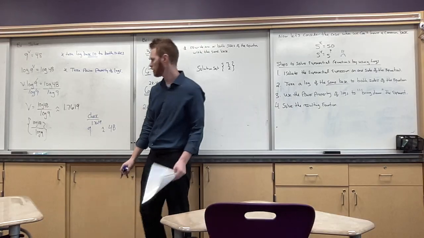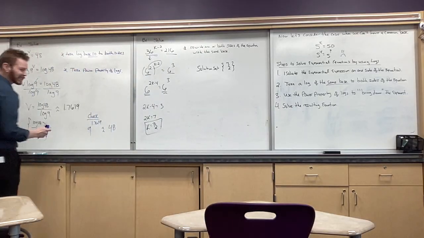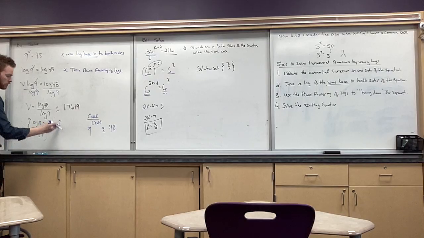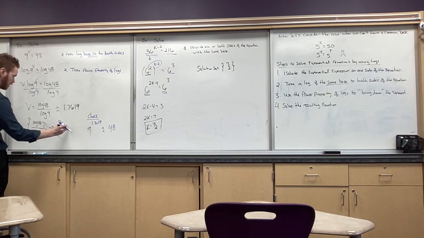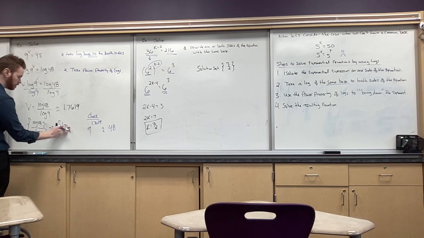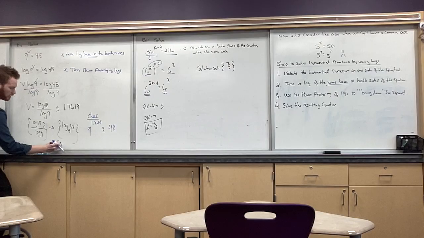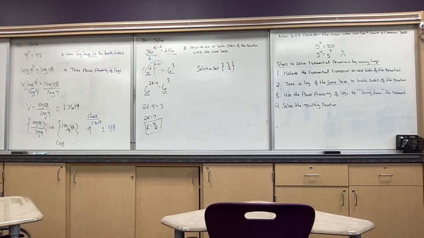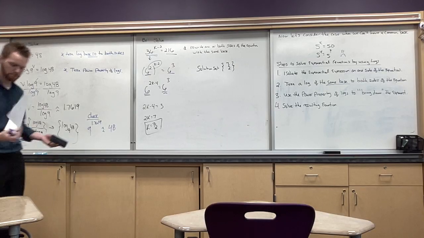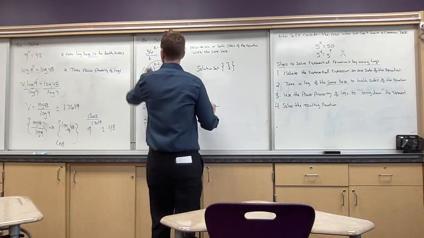If you want, okay, and you might see this in textbooks as well, they'll use the change of base formula and rewrite this as log base 9 of 48. So this is using the change of base formula. So you could rewrite it like this. So just in case, I don't want people to look at it and say, I didn't get the same answer as that. They're just using the change of base formula. Okay, so those are equivalent to each other. Just in case if you see it. All right. Let's try another one.